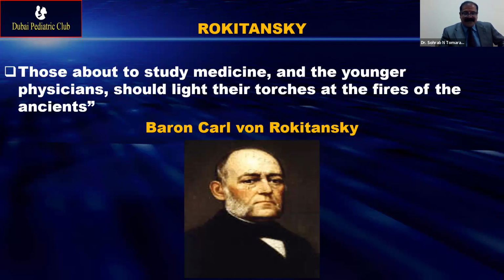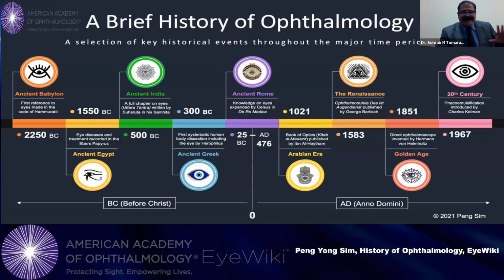Well, this is a very good picture from the American Academy of Ophthalmology. See, it starts from 2250 BC in ancient Babylon. Then comes ancient Egypt, then ancient India, then Greece.